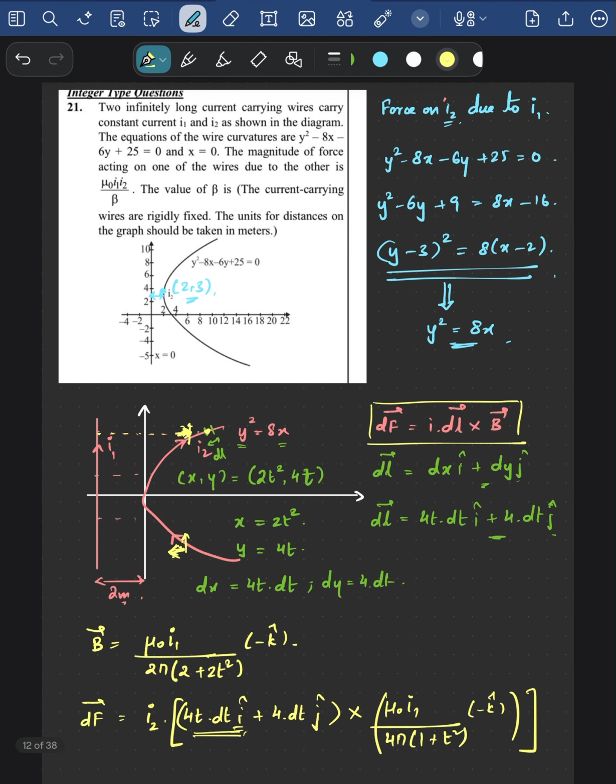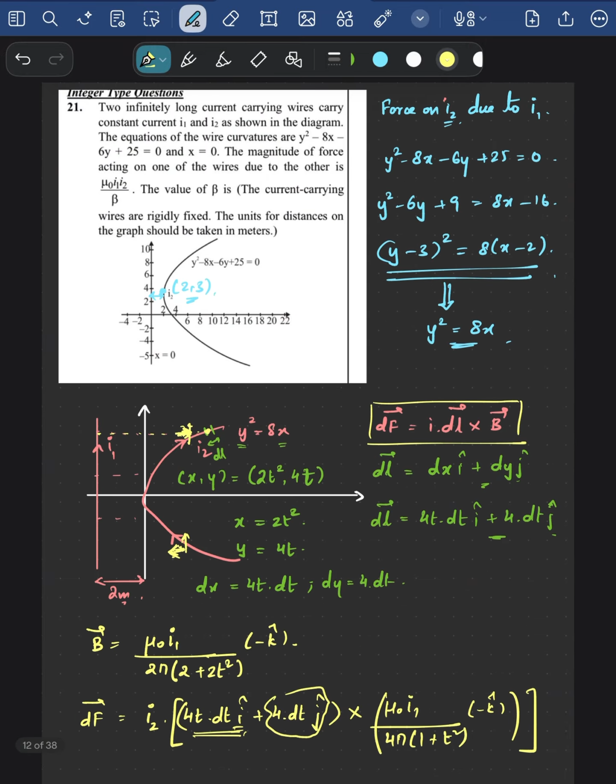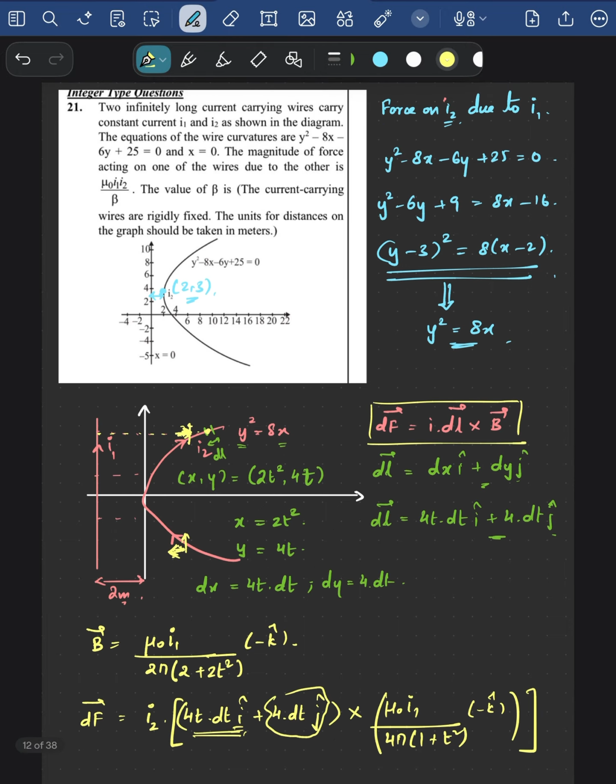So your net force will only be acting due to the j cap component, so I just need to integrate that component. So df bar will become equal to I2 into 4 dt j cap cross mu naught I1 divided by 4 pi of 1 plus t squared of minus k cap.